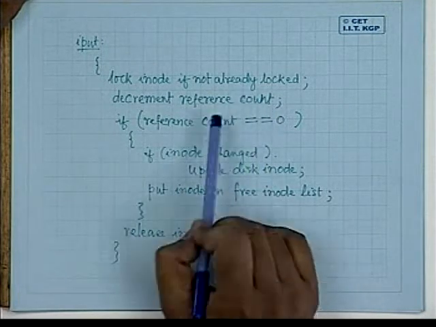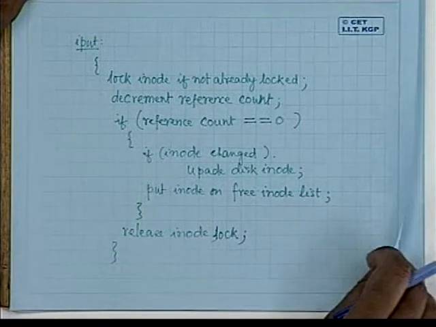Both the IPUT algorithm and the IGET algorithm assume that the kernel knows the inode number which is being looked for. But usually when you open a file, either for reading or for updating, what you give is the file name, either the file name with respect to the current directory, or the complete path name of the file from the root directory.